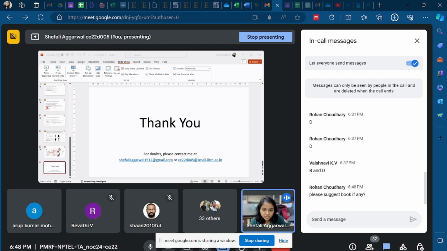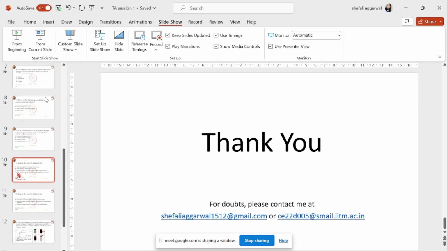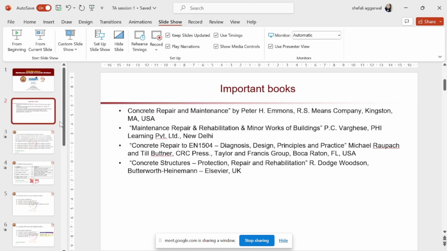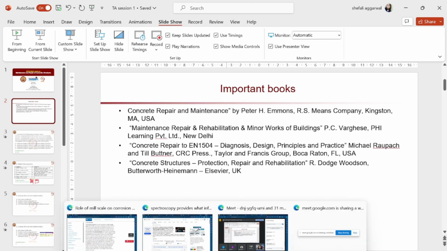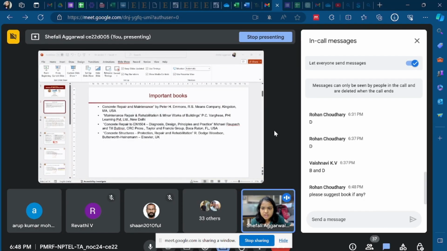Please suggest a book. I've given the books in the course itself. These are the important books. I think sir has also shared them with you. Can you share the ACI code and the textbook, because we are not able to download that one? The ACI code, the code which sir suggested.